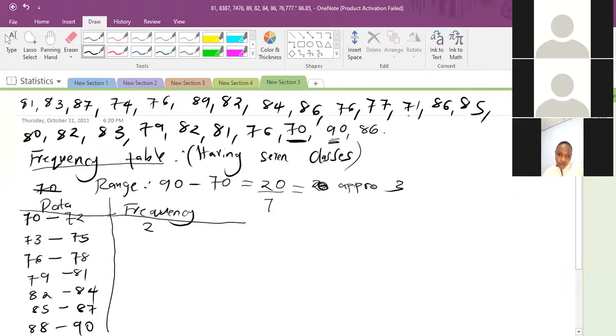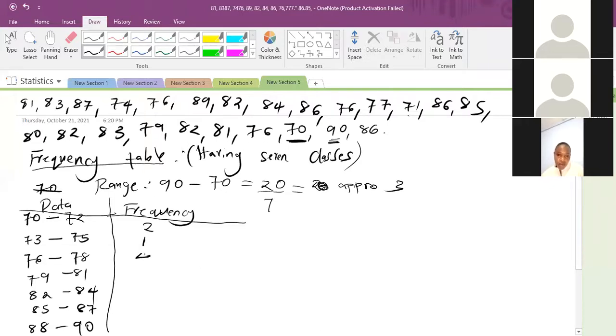Okay, numbers 73 all the way to 75. So let's see, 73 to 75. We have this 1. Is there any other? That's it. It's just 1. Then 76 to 78, we have this 1, 2, 3, 4.